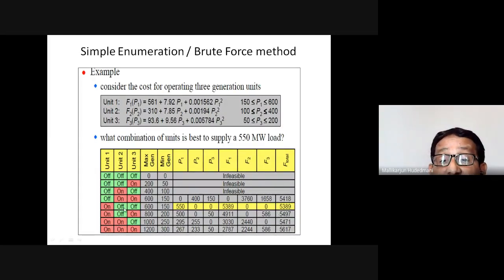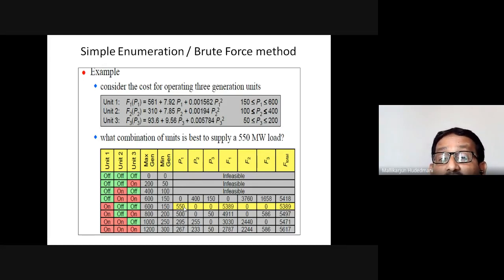Among that, I will find this particular combination, machine 1 alone dealing with 550, at 5389 as the choice. This is a choice one would prefer because effectively it is cheaper among the comparison. Up to 600 megawatt, this choice is favorable.